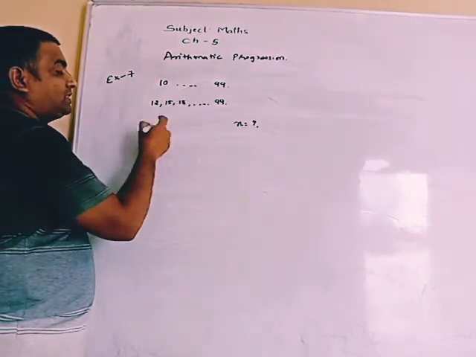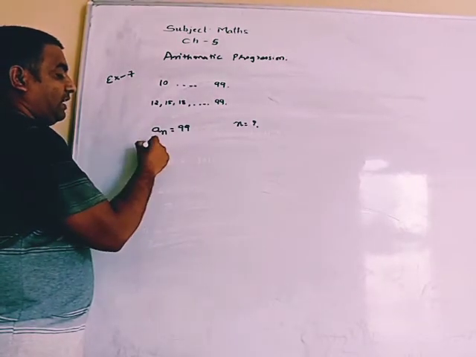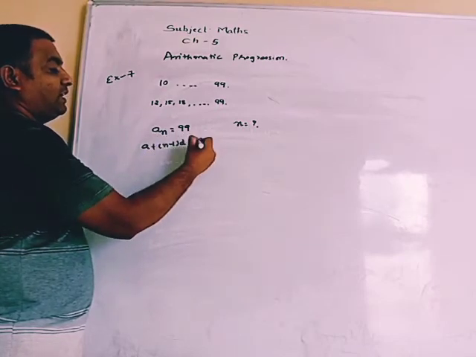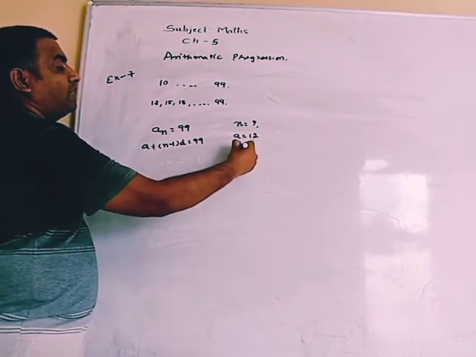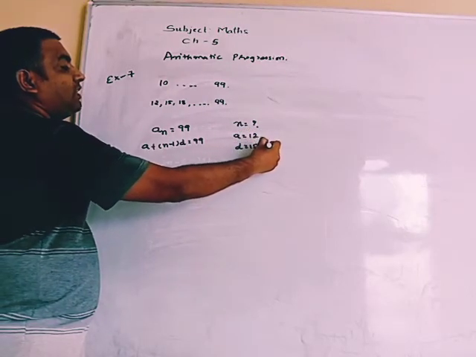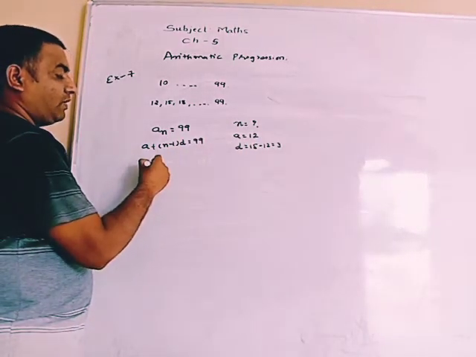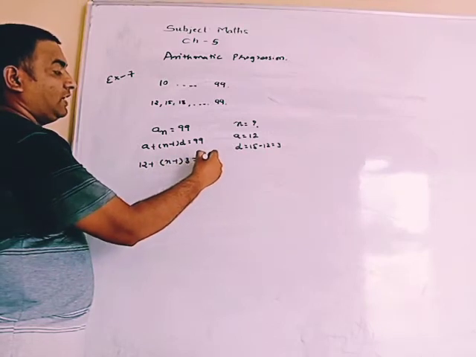Now the last term is 99, so we take the nth term as 99, then a plus (n minus 1)d equals 99. Here a is the first term, 12, and d is 15 minus 12, that is 3. Substituting these values, 12 plus (n minus 1) into 3 equals 99.